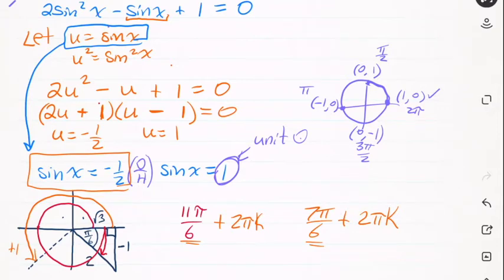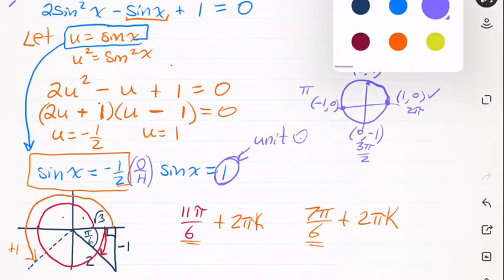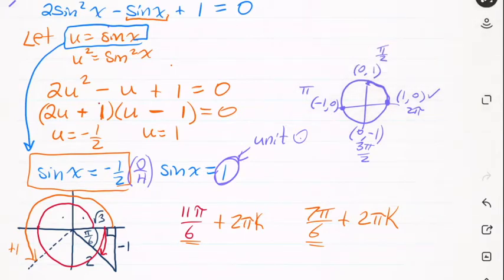So when is sine of x equal to 1? You only have to remember that sine of x is the y coordinate. So here sine of x is equal to 0. Here sine of x is equal to 1, 0, and negative 1. And we're looking for positive 1, so our answer is pi over 2.